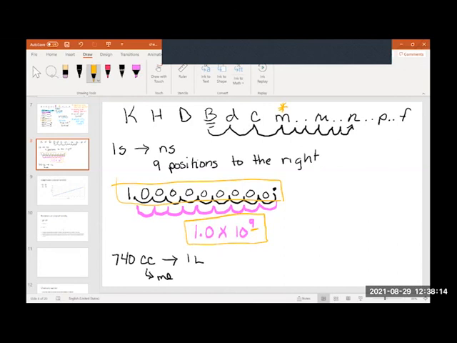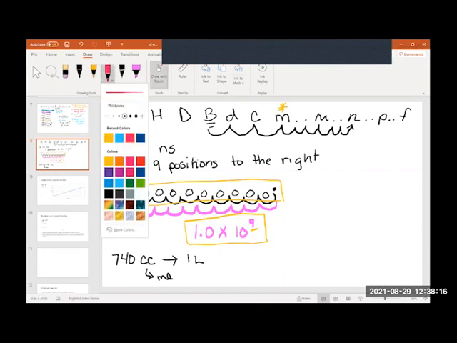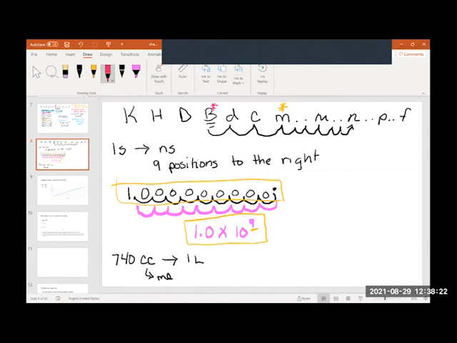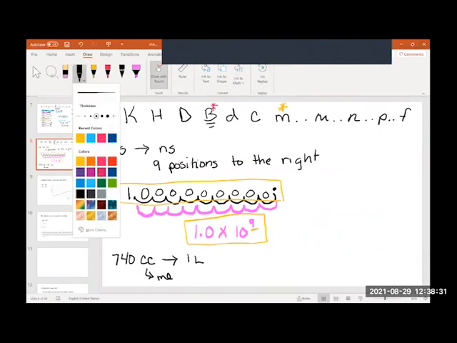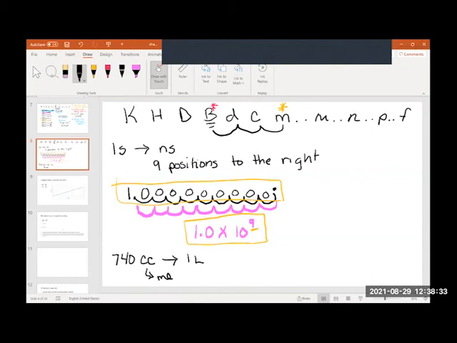Our next task is to identify our stopping point, our finishing position. And that's our base unit of liter. Our next task is to measure how many places we jump. So I'm going to jump 1, 2, 3 positions to the left.